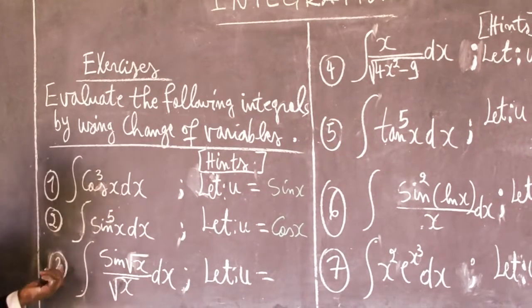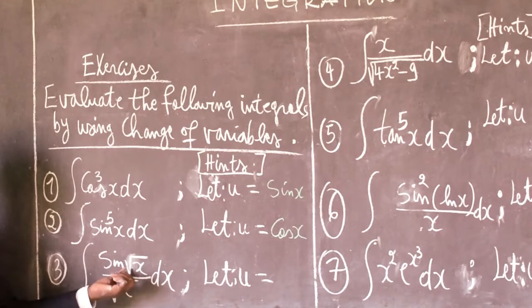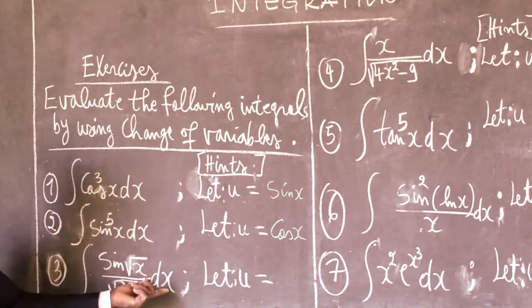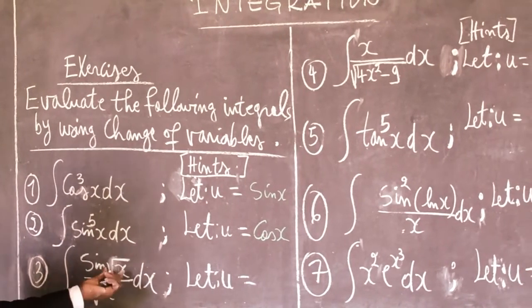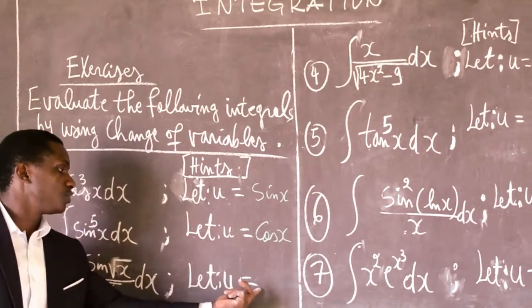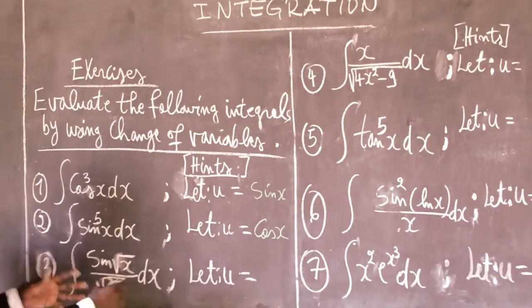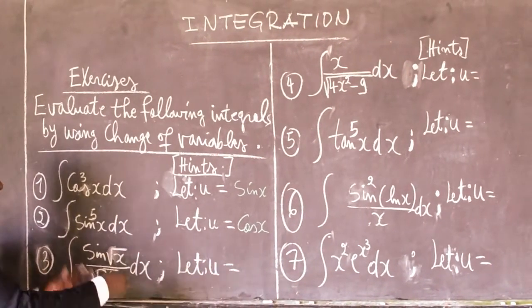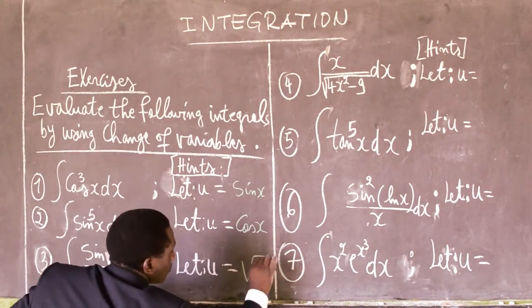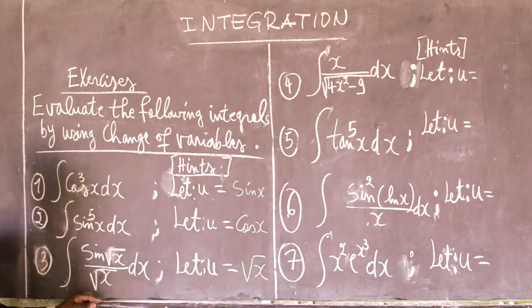For number 3, we have sine of square root x over square root x dx. From here, we need to assume square root x. Let square root x equal u. The variable will be changed and the integral becomes easy. We assume that u equals square root x.